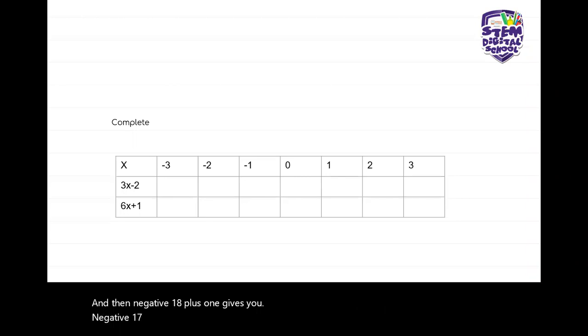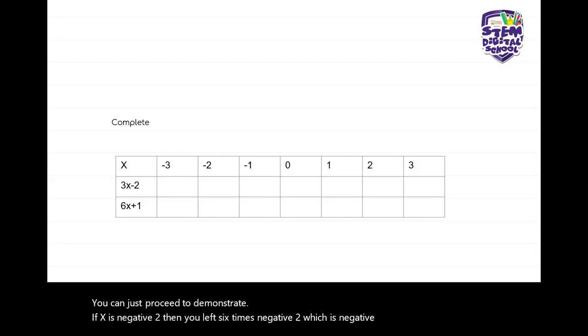Okay, -17. And then, of course, you can just proceed to demonstrate that if x is -2, then you'll have 6 times -2, which is -12, plus 1 is -11.